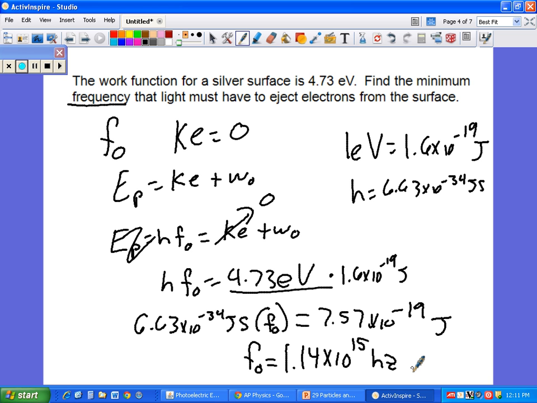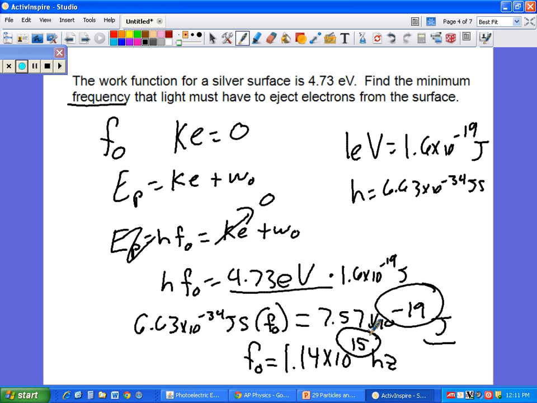A couple of quick tips. Whenever you have an energy in joules dealing with the photoelectric effect, it should be on the order of 10 to the negative 19th. So 10 to the negative 20th, 18th, 17th, those are all fine. Whenever you have a frequency for the photoelectric effect, it should be on the order of 10 to the 15th hertz. So 14th through 16th is acceptable.